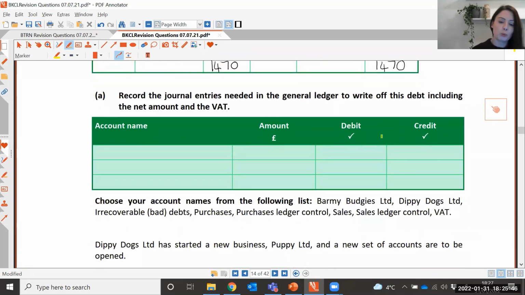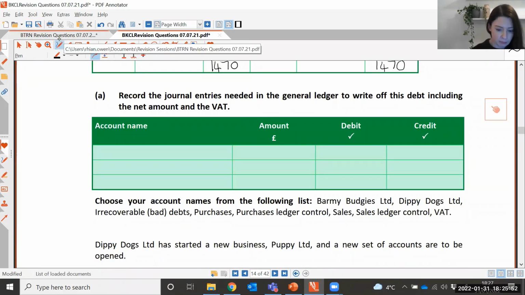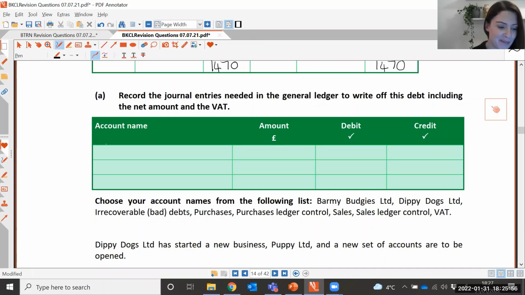So what would be the accounts needed in order to write this amount off? Yeah, good. Yeah, so we would have the sales ledger control account, the VAT, and the irrecoverable debts.